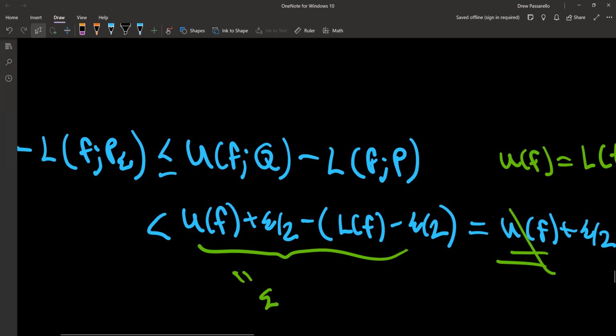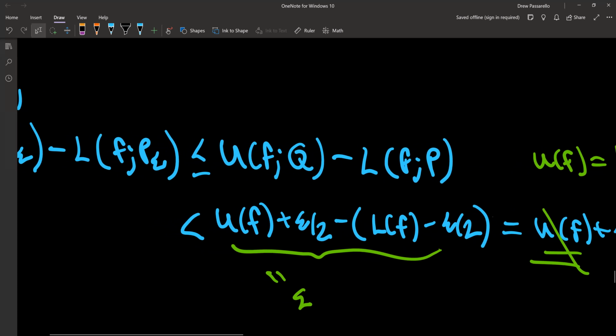And that pretty much gave us epsilon when you distribute the minus sign and use the fact that U of f equals L of f, so those cancel each other out.